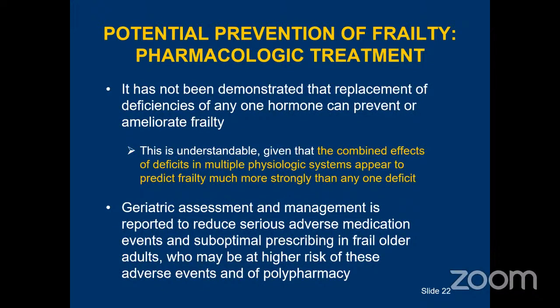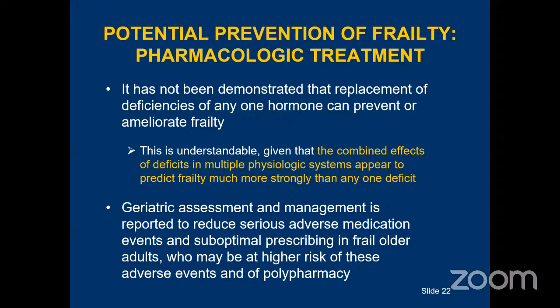So second of all, we have the pharmacological aspect of treatment. So mainly, we don't have any evidence that there's a pharmacological treatment or something that could prevent frailty. It has not been demonstrated that the replacement of deficiency of any one hormone can prevent or ameliorate frailty, which is logical because, as we said, the combined effect of deficits in multiple physiological systems appears to predict frailty much more strongly than any one deficit.